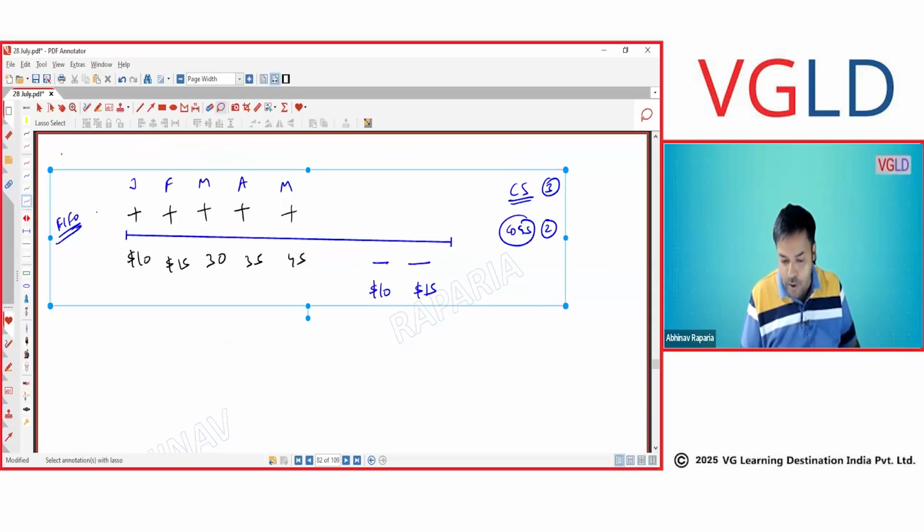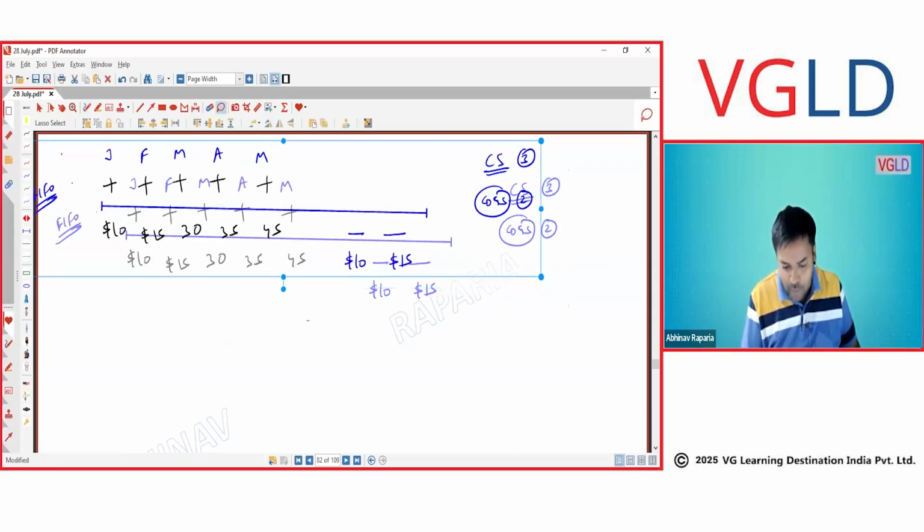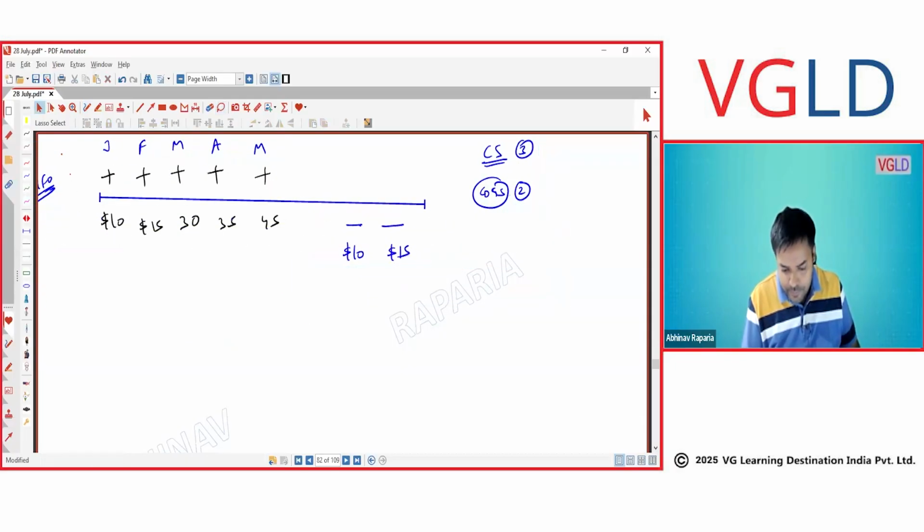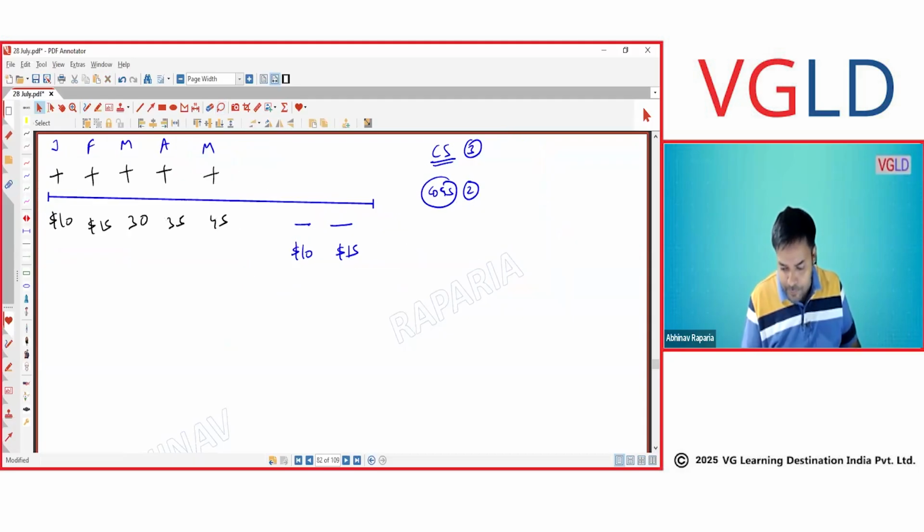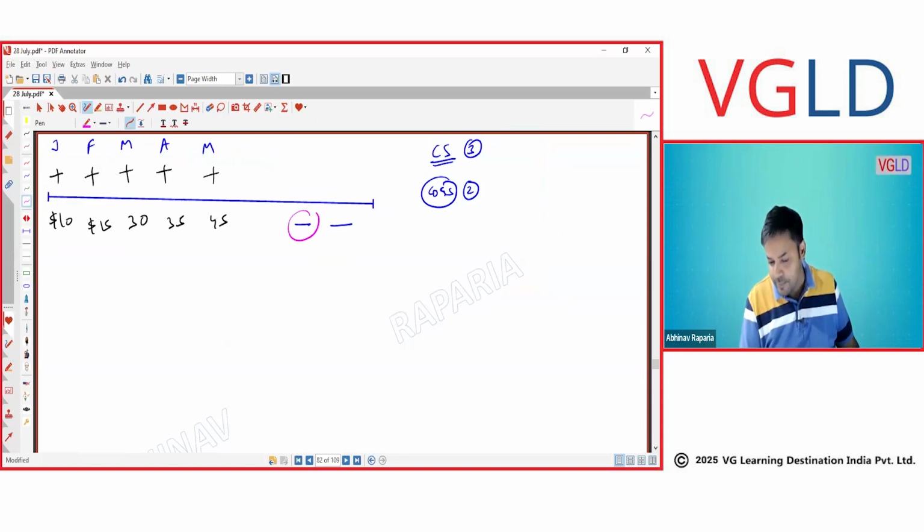Same thing we want to do with the LIFO. Then which item will you sell first? January, February, March, April, May. Tell me exactly, which one will you sell first? First 45, then 35.